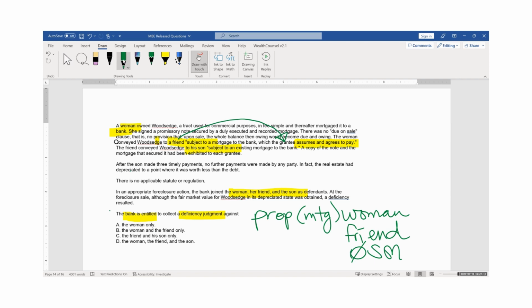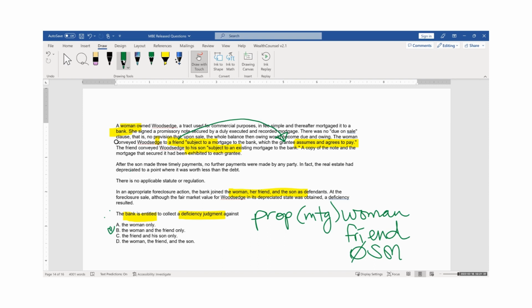If you had in the back of your mind, or if you had taken notes here, you would be thinking the woman and the friend are responsible and not the son. That answer choice is in B. So that should stand out to you at the moment.